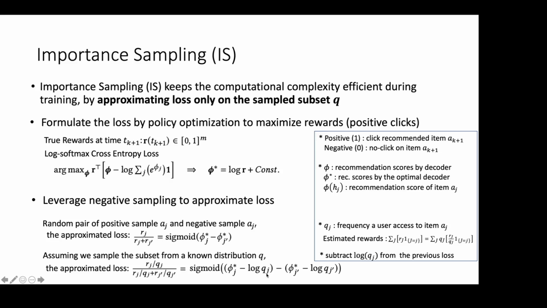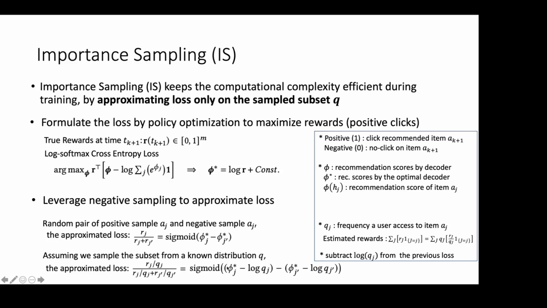Q_j should represent the frequency of an item a_j, the frequency with which users access the item a_j.